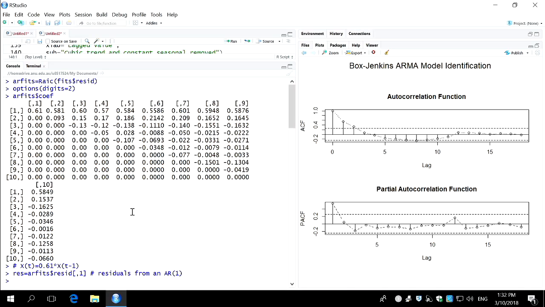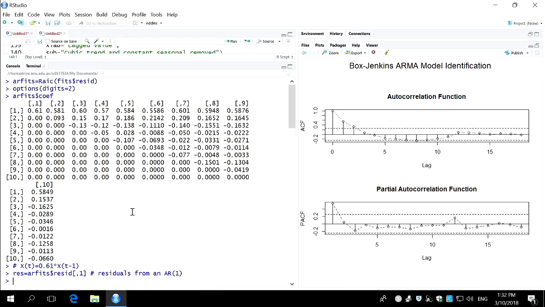Now, just to check if you've been listening, what would the residual from an AR6 be? Which column? There are two numbers that start with 6 and 7, right? Which one is it? 6.